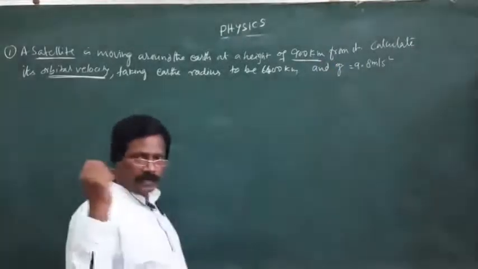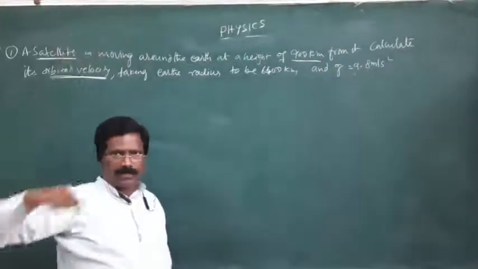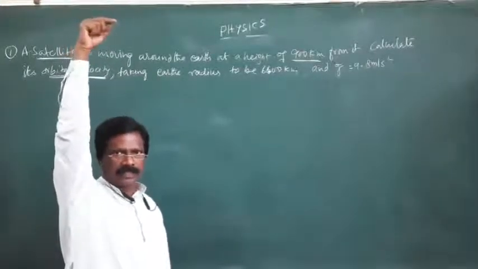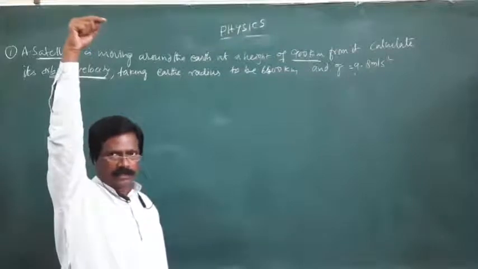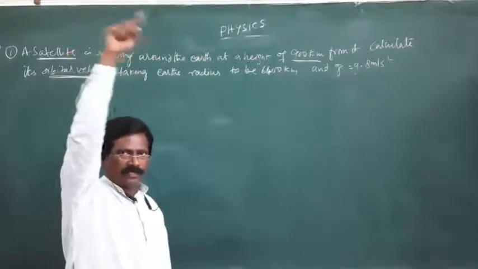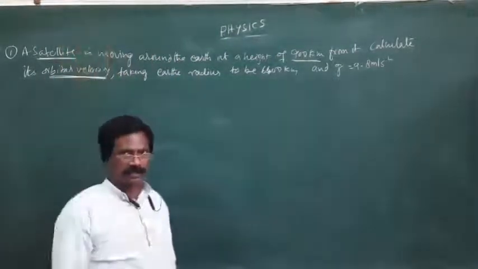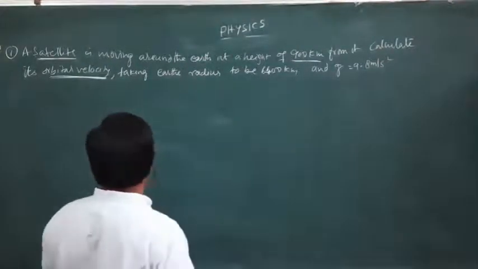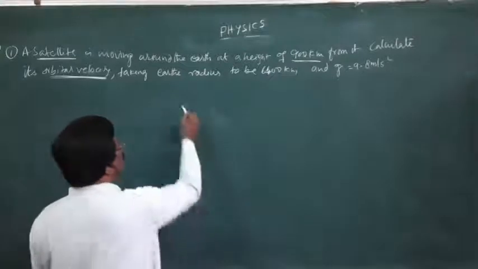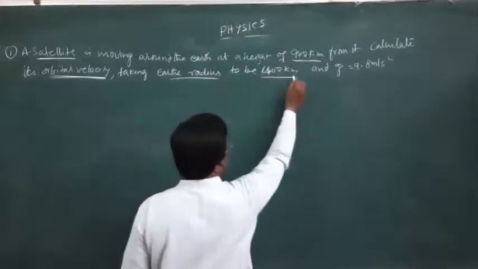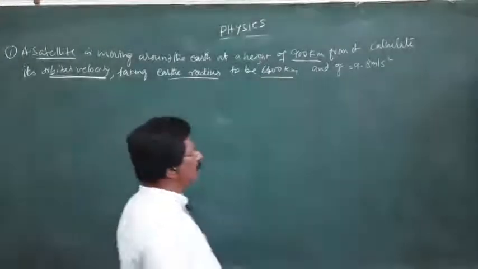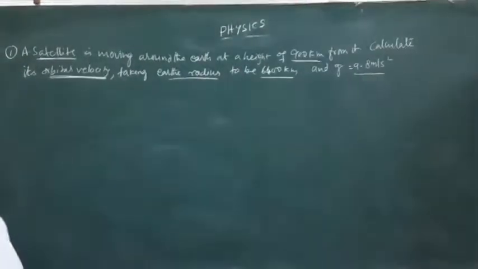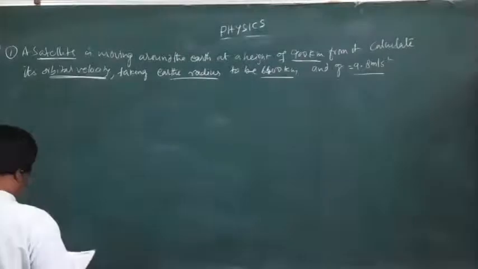You are asked to calculate its orbital velocity, and you have to take the other values given. The Earth's radius is 6,400 kilometers and g is 9.8 meter per second square.